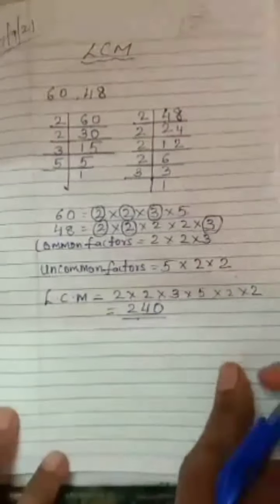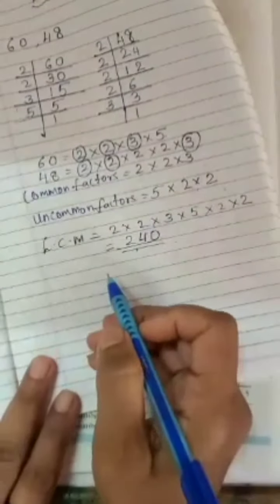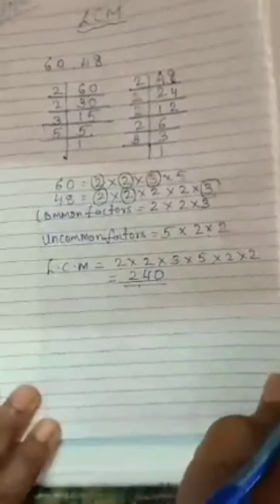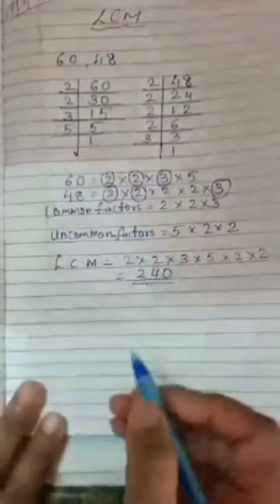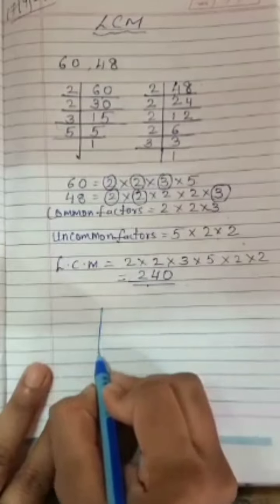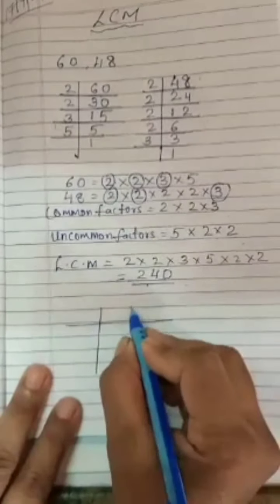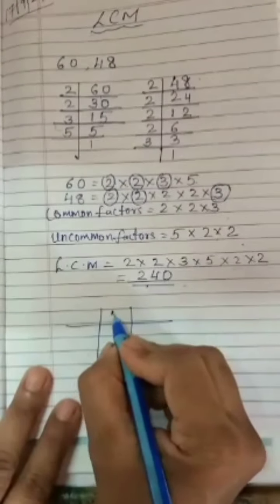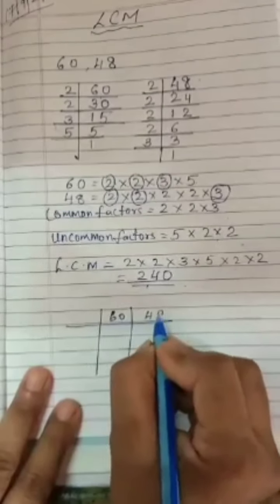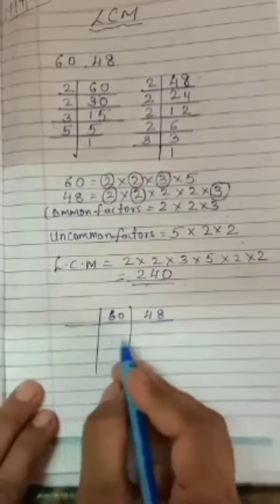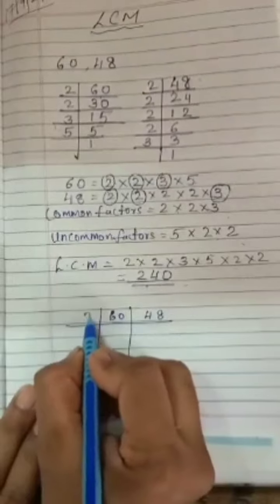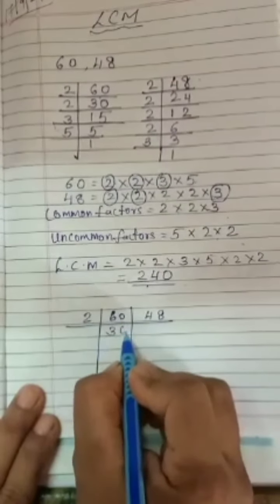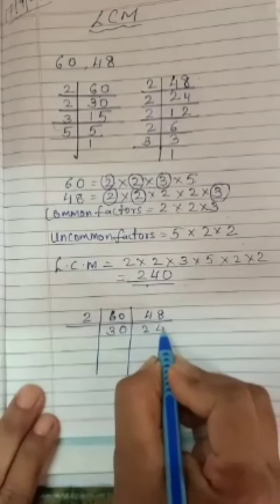Now if we see this in the vertical arrangement method, when we take both the numbers together like this, we are going to take both the numbers together, 60 and 48. 60 and 48 can be divided by 2, 2 3s are 6, 0, 2 2s are 4, 2 4s are 8.